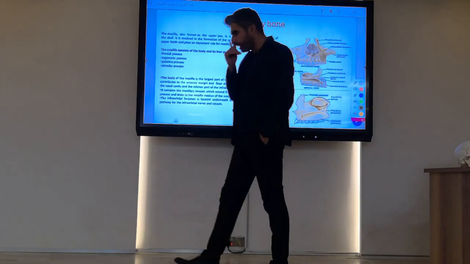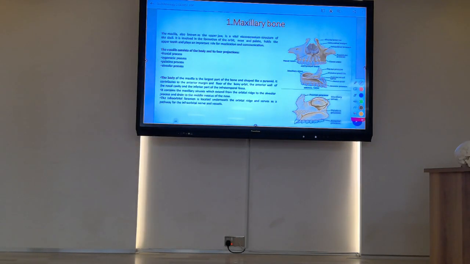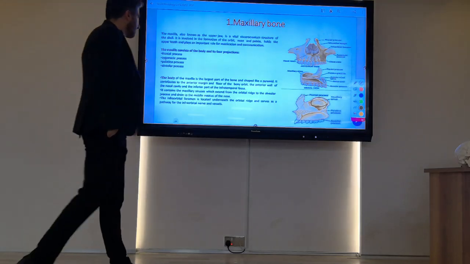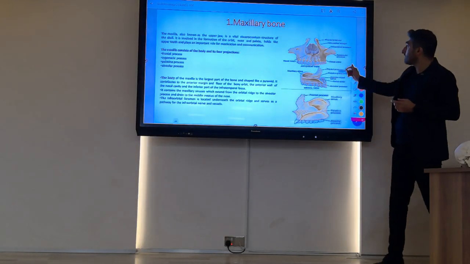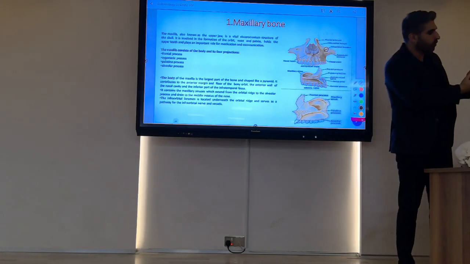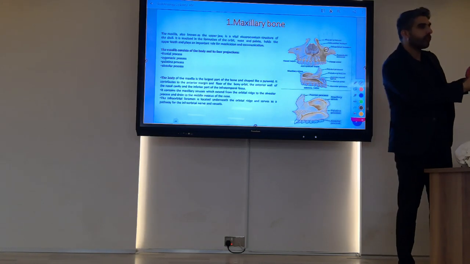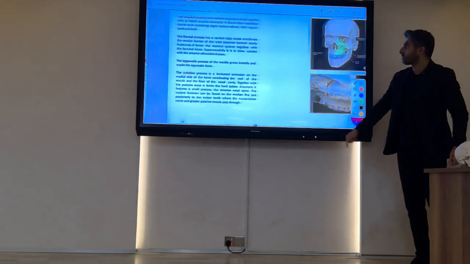I told you the biggest paranasal sinus is the maxillary sinus. So let's talk about this shape of the maxillary bone. You can see the infraorbital foramen, like the supraorbital foramen in the frontal bone. The infraorbital foramen is located in the maxillary bone.